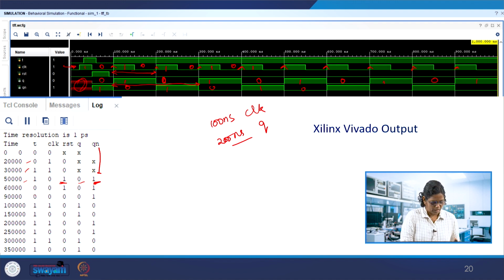Then after this the reset becomes 0 and it is maintained over here.